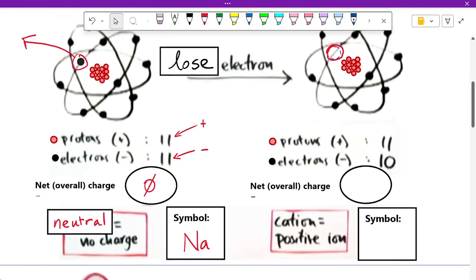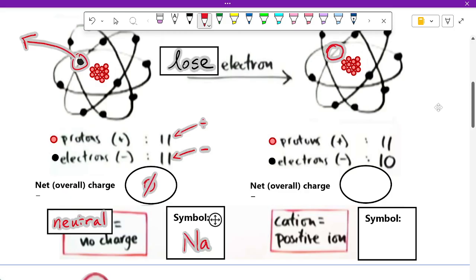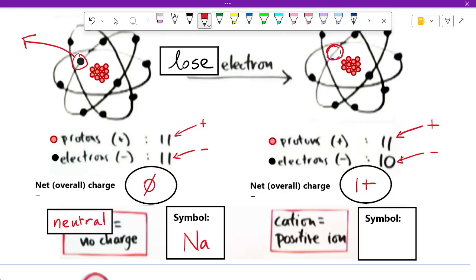After it lost an electron, the number of electrons is now 10, and the number of protons is now 11. What is the net or overall charge? +1, okay? And I'm going to say 1 plus, or +1.